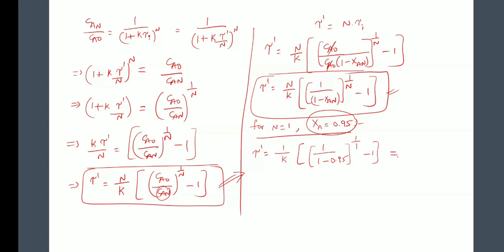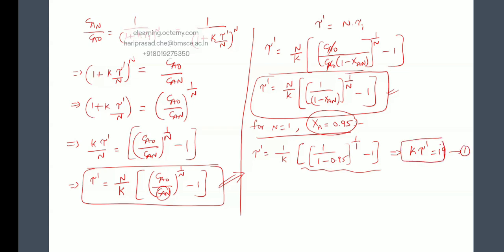Tell me what is this value? So it is nothing but k into tau dash is equal to 19 you will get. That is your first value.